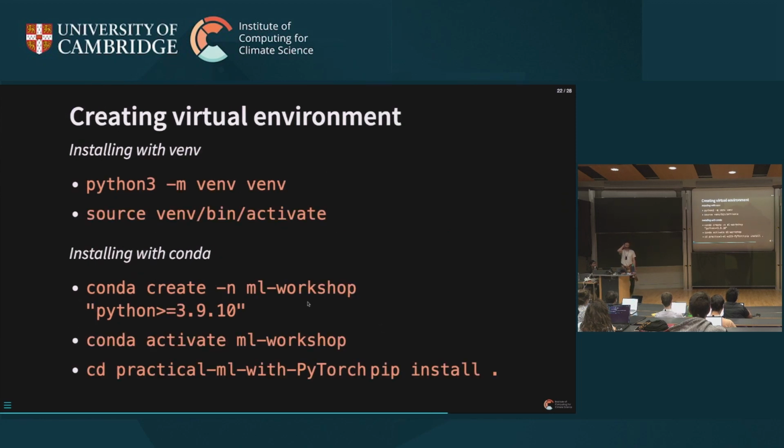You can install it inside a virtual environment, or you can use Conda if you're more familiar with Conda. You can use Jupyter notebooks. I mean, you have to use a Jupyter notebook in some form. If you want to use VS Code, you can. Use whatever's comfortable for you.